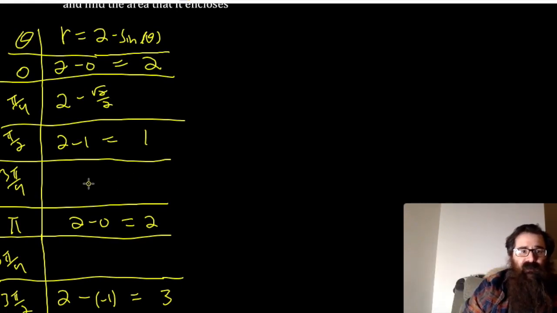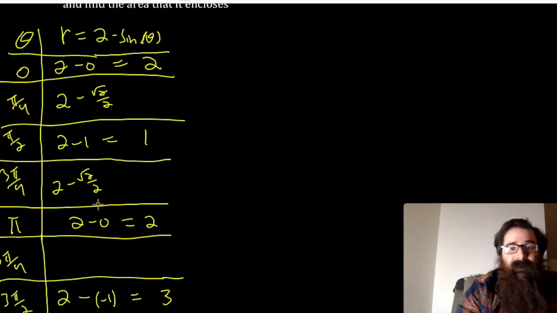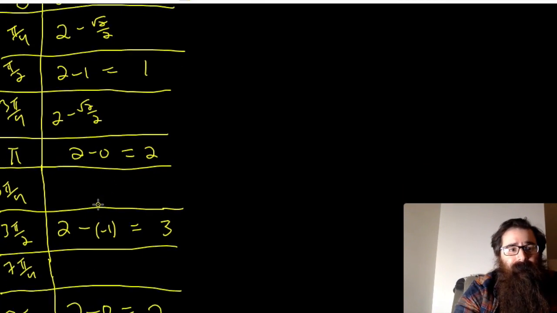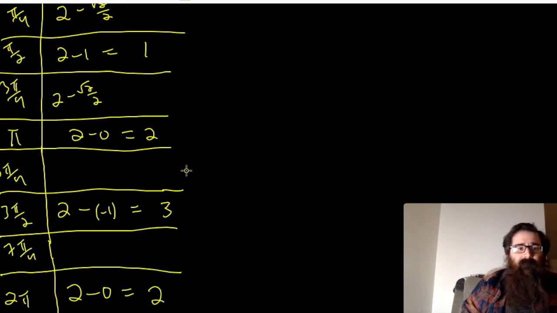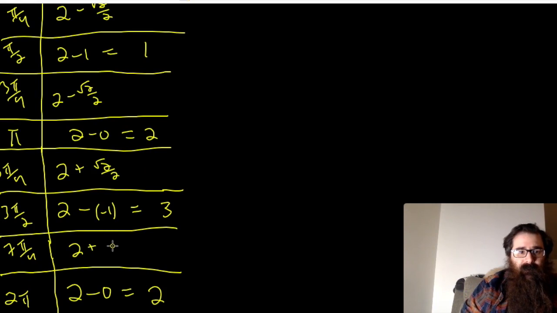And this also should give me 2 minus radical 2 over 2. But in quadrants 3 and 4, the function sine is negative. So this would give me 2 minus negative radical 2 over 2. So that's going to be 2 plus radical 2 over 2. Same here at 7 pi over 4.